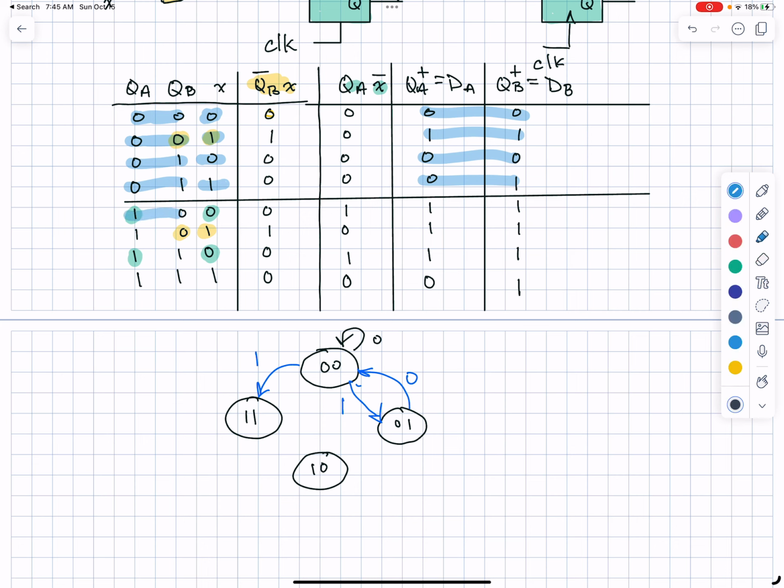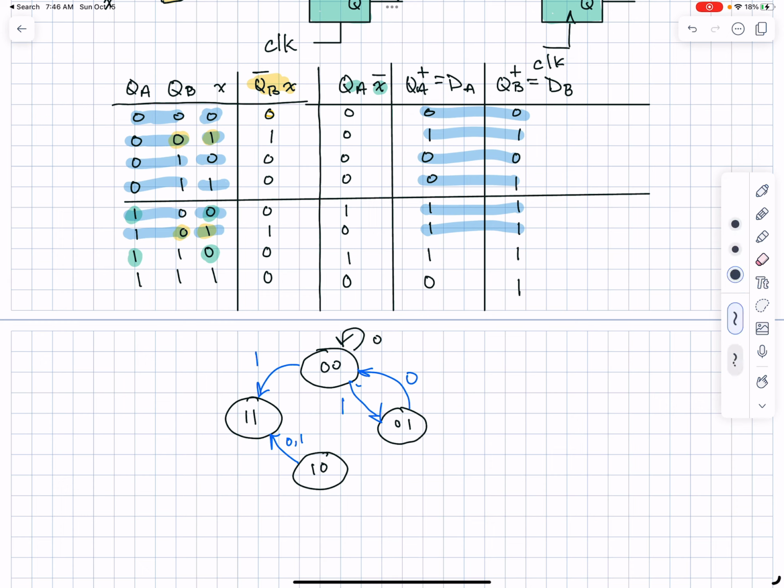When I'm in 1 0 on a 0, I go to 1 1. When I'm in 1 0 on a 1, I go to 1 1. So both of these take me to that same state.